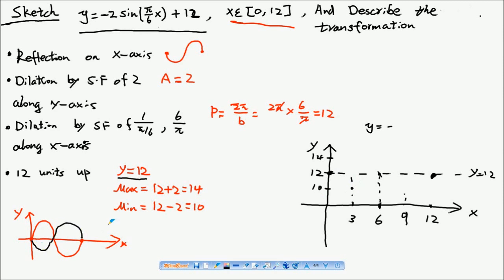When we have minus, the graph should look something like that. So our graph is y equals minus 2 sine of pi on 6 x, bracket, plus 12.